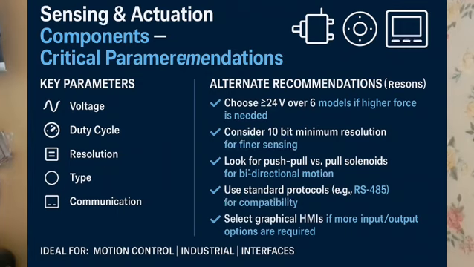For the force of the sensing and actuation components, it defines the force greater than or equal to 1.5x required, because solenoid force drops with stroke. Use continuous duty solenoids or switch to motorized actuators.